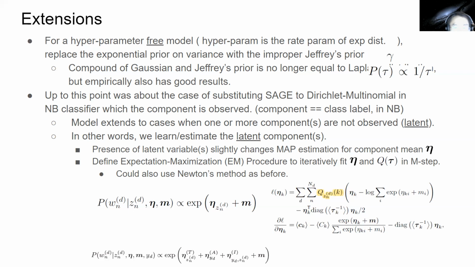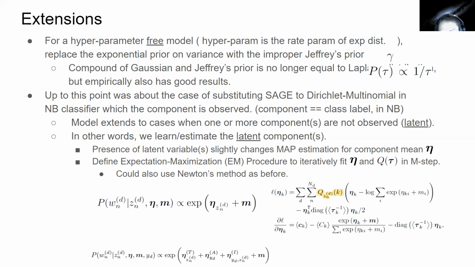In that case, we are going to estimate the latent components. And technically, the MAP estimation for the component mean slightly changes. In the equation, as you can see in the upper equation, the relevant parts of the lower bound L for the component mean add a subscript k.